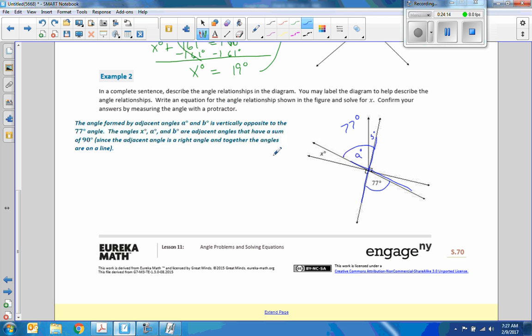Okay? So we want to solve for x. So once I know that those are vertical, and I know this is x, and this is 77, and this is 90, my equation is going to be x degrees plus 77 degrees, which is A plus B, plus 90 degrees, and it's 90 because of that right there, equals this straight line right here is what those angles form. This is getting messy.